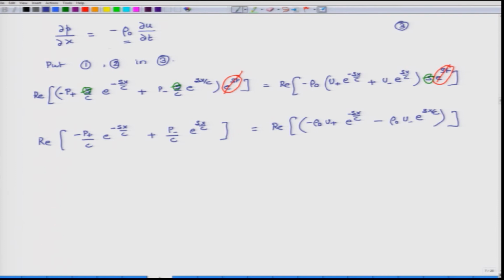Now, it just happens that when we apply the momentum equation to transmission line equations, the time term goes away because we have cancelled it out, but the x term is lying on both the sides.